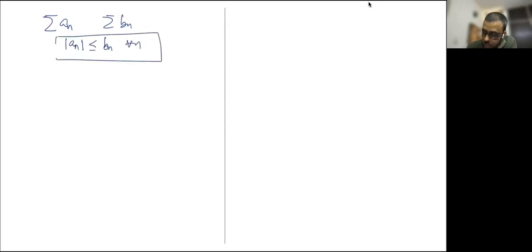This is something that is given to us. And the other thing that we are given is that the second series, the summation bn, converges.